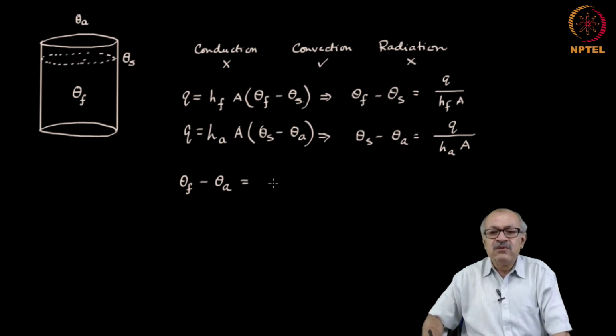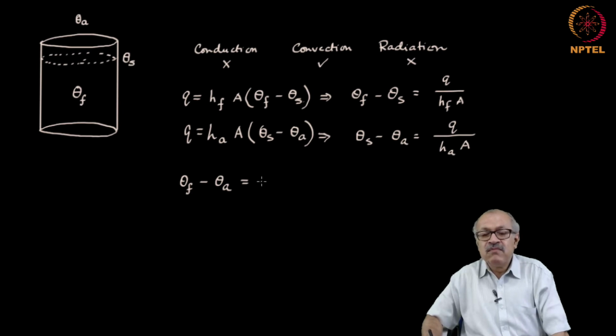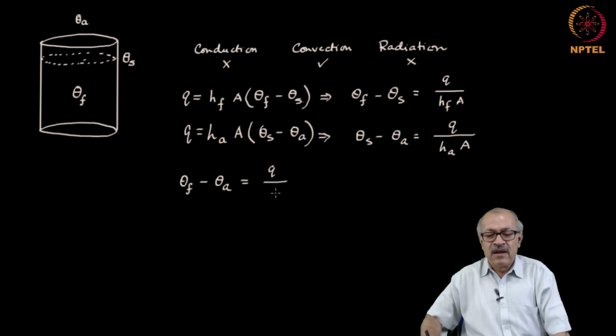is equal to, again, theta f minus theta a will be q by, well, let me write a combined h times a.